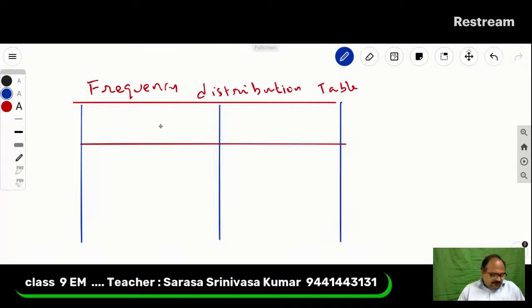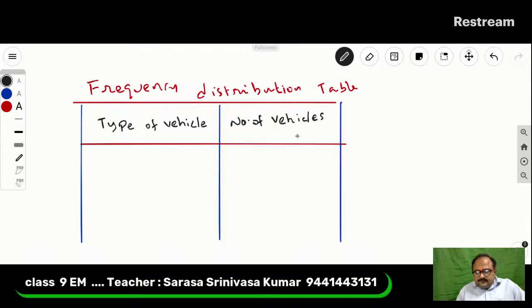Here the first column is type of vehicle. The second column is number of vehicles, that is frequency. So it is frequency.